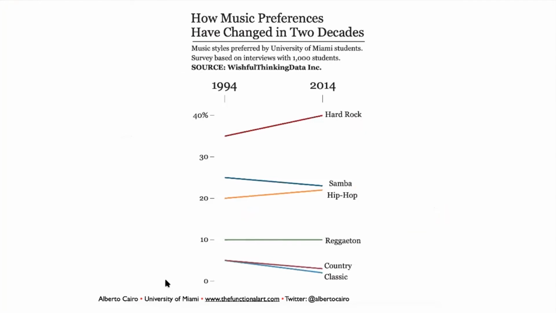So if we were simply to redesign this data in a completely different way, where we're really focusing now that we're interested in change, we could use a different way of presenting the data, where we're using just a straight line to show the change from one year to the next.